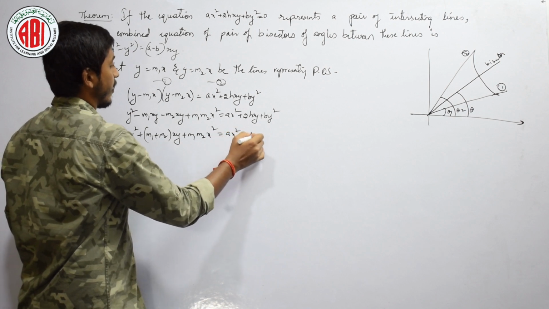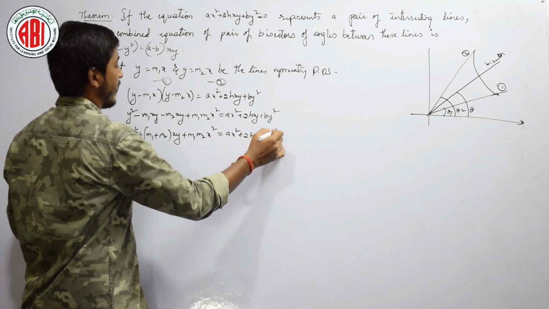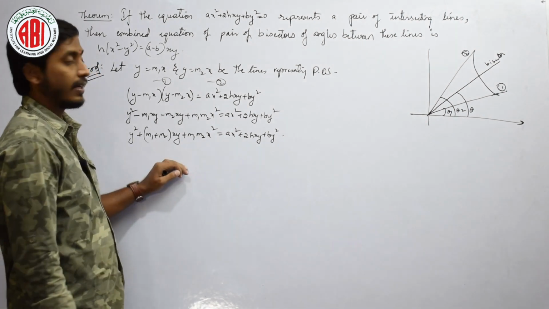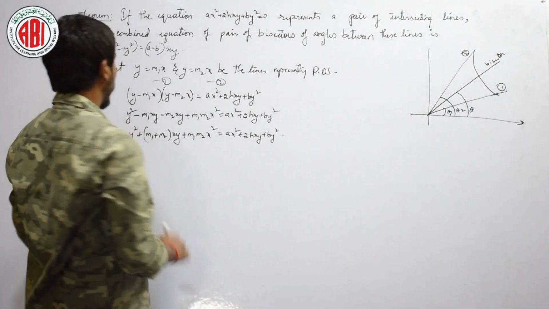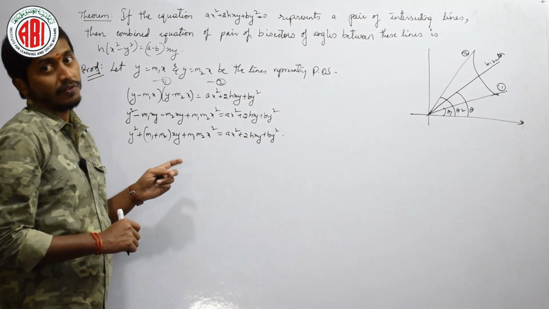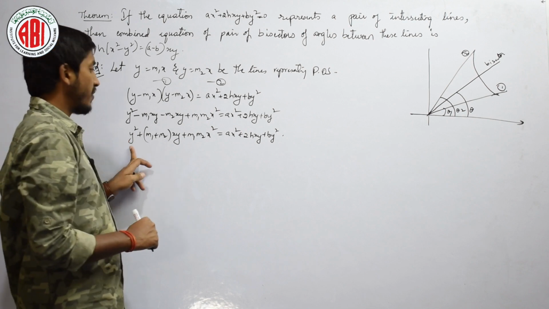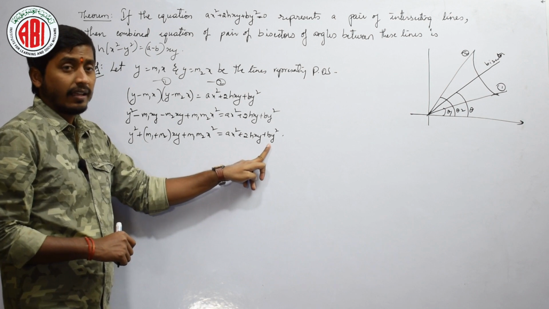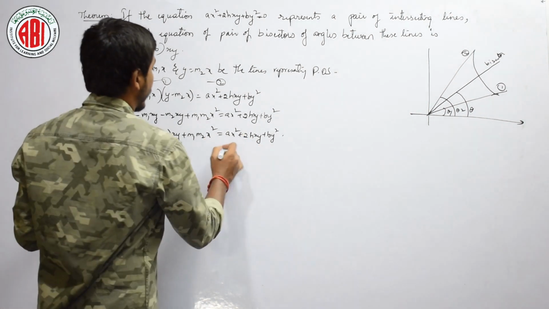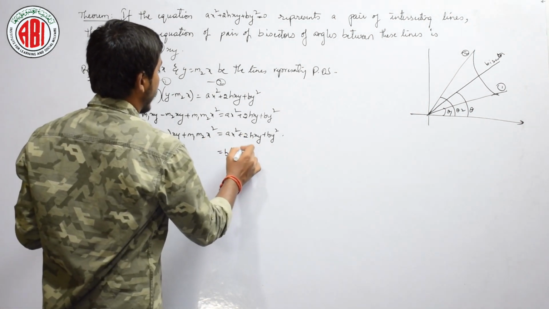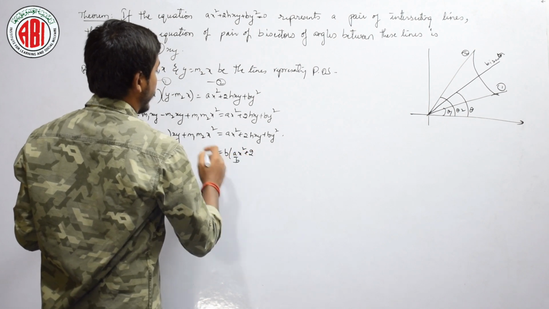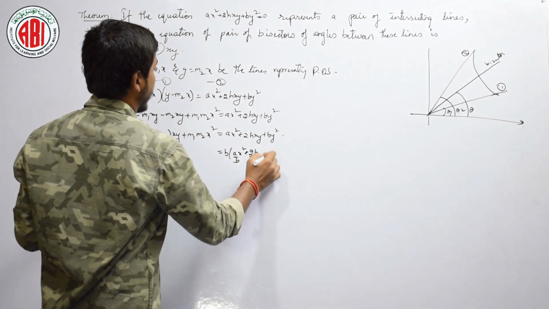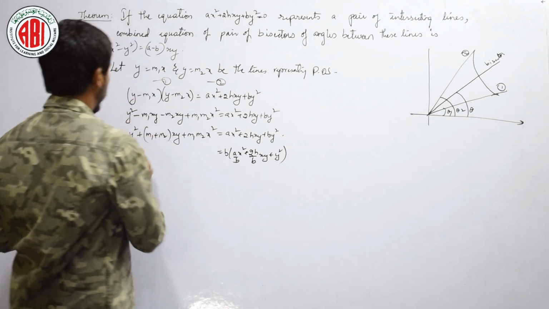Is it okay? Plus by square. Is it clear? Now see here, now we have to equate the coefficients, right? What is the coefficient of y square here? 1. What is the coefficient of y square here? It is b, right? Now let us take b common from this side. That will become a by b x square plus 2h by b xy plus y square.